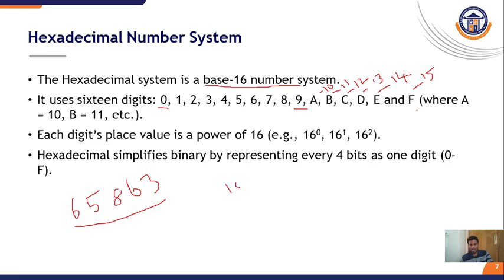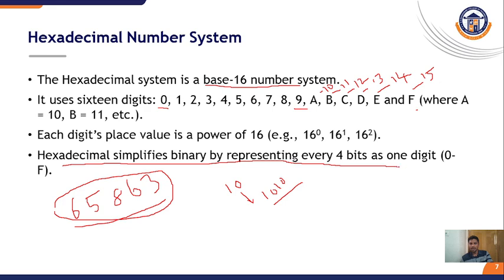Suppose this is a simple number, we can represent it in binary easily as 1010, which requires only 4 bits. But to represent a huge number it requires more bits, and obviously more memory. This is why we go for different number systems, in order to reduce the number of bits. Hexadecimal simplifies binary by representing every 4 bits as one digit.